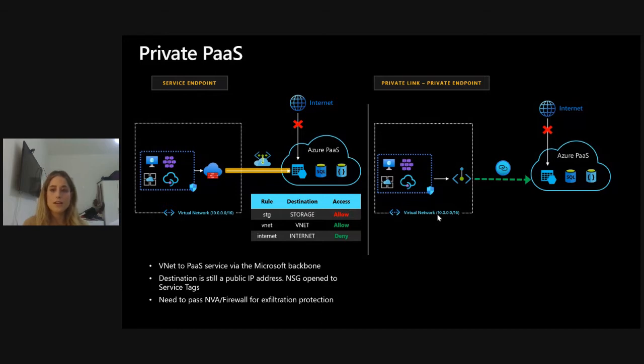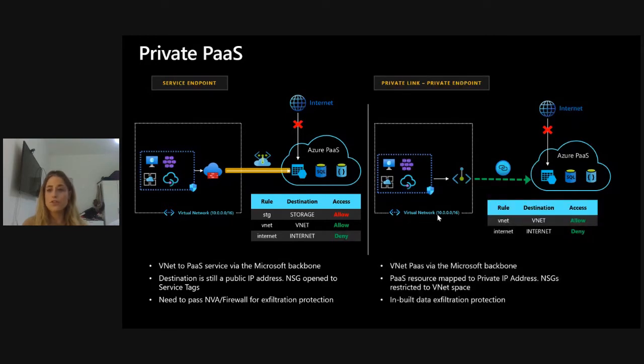Meaning when you deploy this instance, you are allowed to access it only from your virtual network, and also, it doesn't have a public IP at all. So it has only a private IP assigned to it.